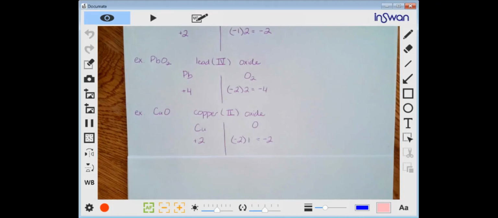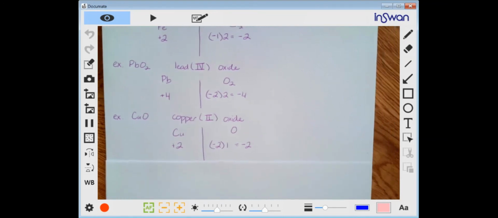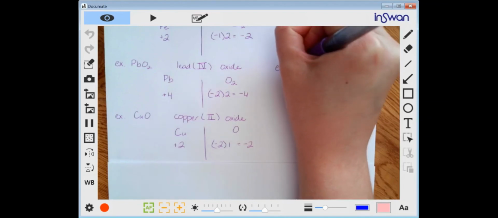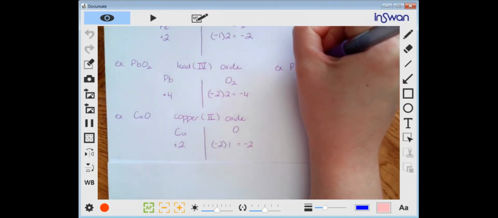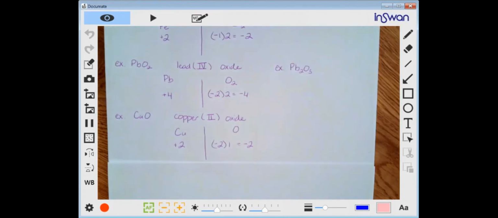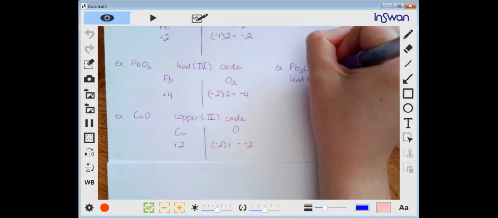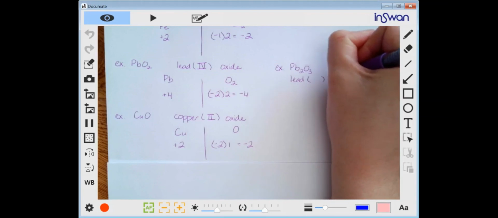Okay, so for all of these examples, I just had one of the metal, but if I had something a little bit different, so if I had Pb2O3, well, again, I know I'm going to have lead, and that's going to be something oxide.